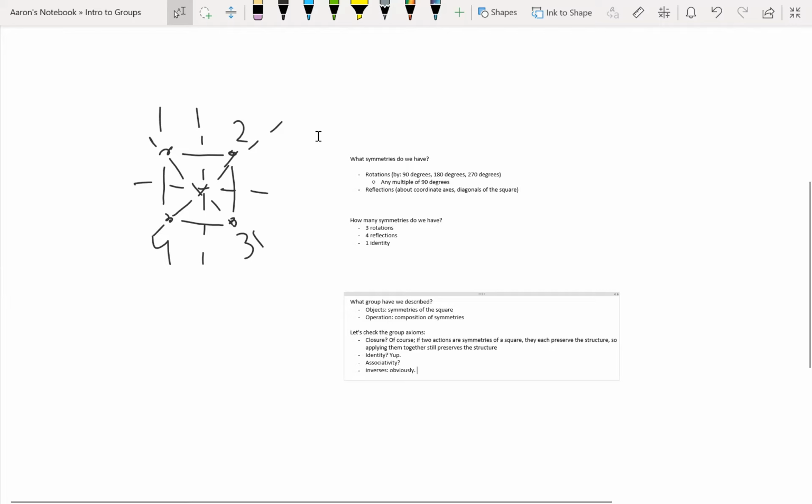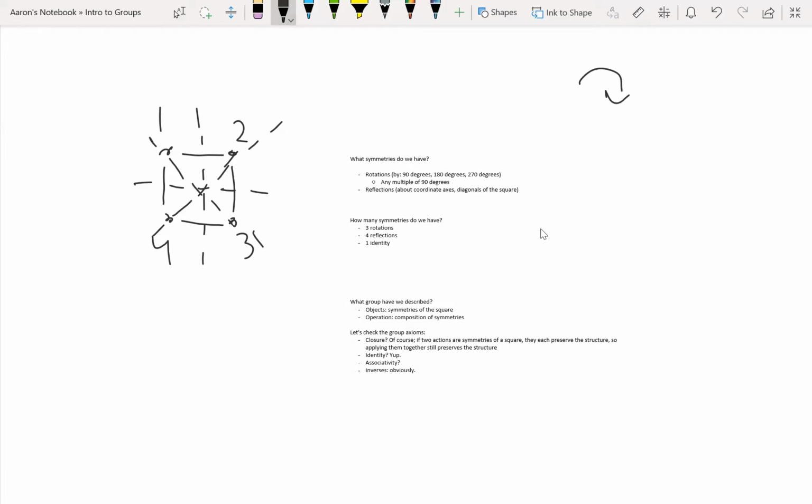And it turns out that rotating 90 degrees clockwise is the same as rotating the other direction 270 degrees. And you should verify that if you don't believe me, but you should also believe me.